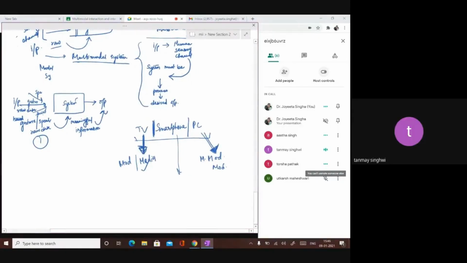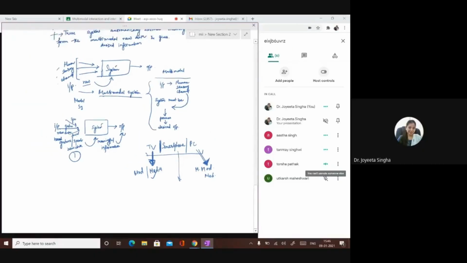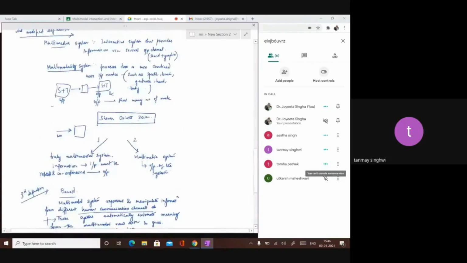Ma'am, according to the second definition, a multimodal system should have multiple inputs as well as give multiple outputs. Right. Input means, for example, your smartphone itself. When you use OK Google, you get back the output as speech.